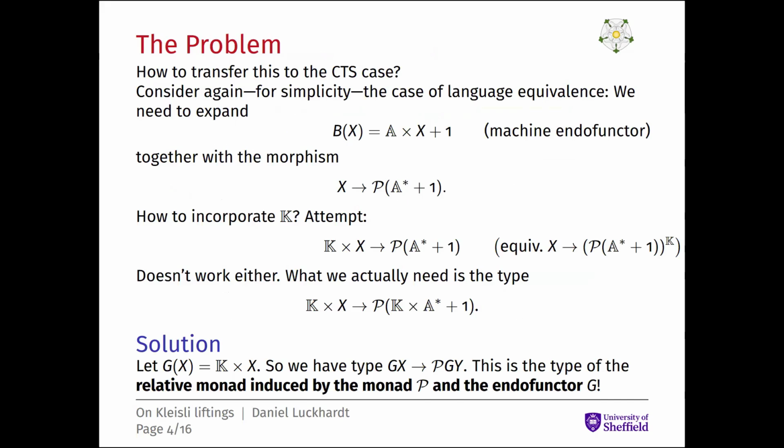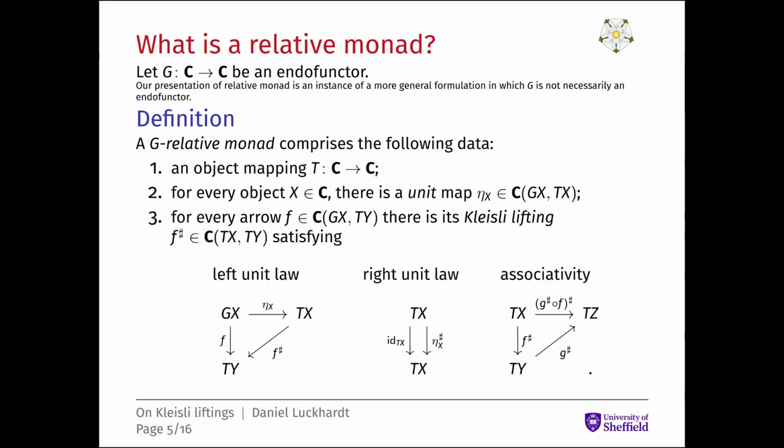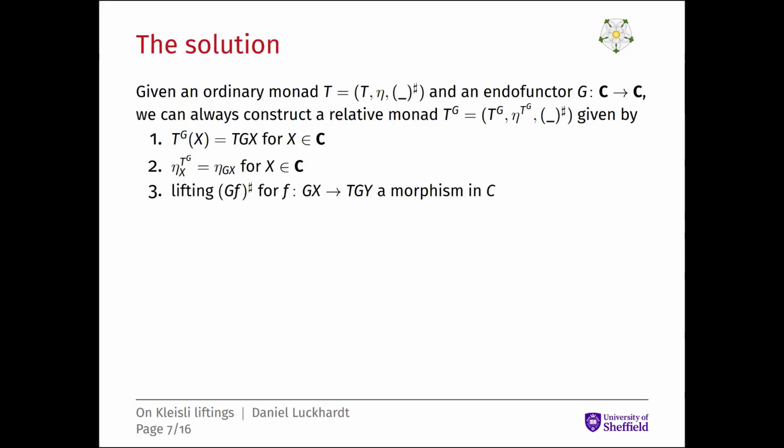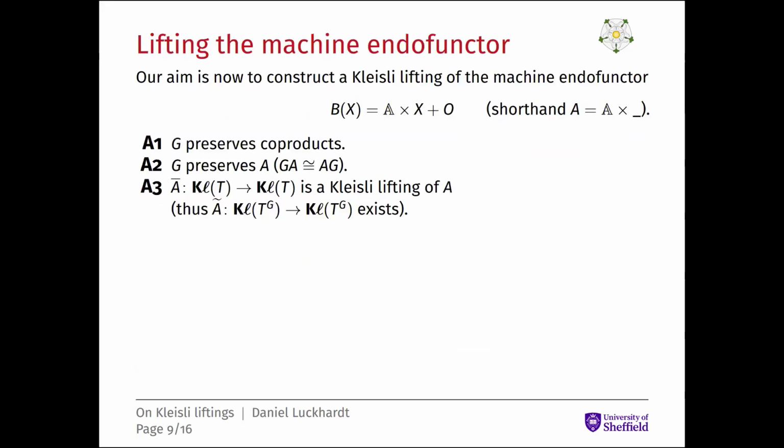Basically, in the general case, it only has to fulfill these axioms. You could, for instance, take something like a multiplication in a monoidal category. As long as it satisfies A1 to A3, it works.